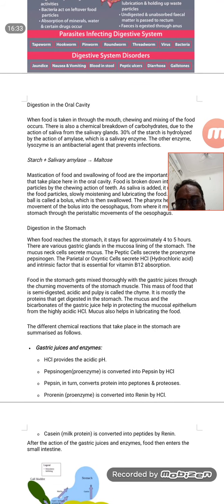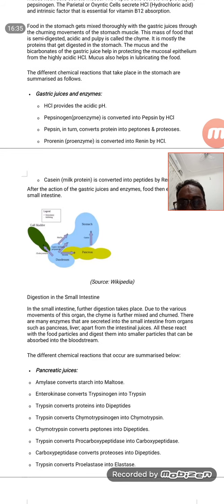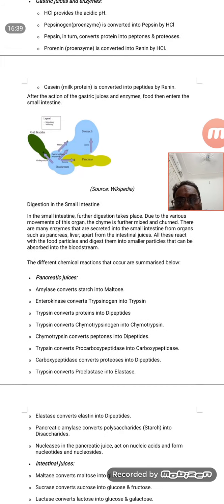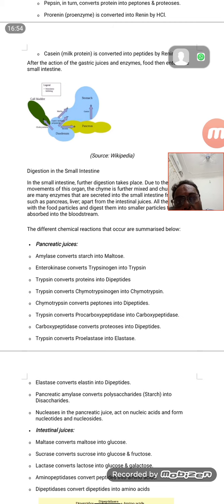And if you see here, gastric juice, pepsinogen, we have discussed this. And if you see the pancreatic juices, there are many. Pancreatic amylase is there, which converts starch into maltose. Enterokinase is there, which can convert trypsinogen into trypsin, and trypsin converts chymotrypsinogen into chymotrypsin, and this chymotrypsin will convert peptones into dipeptides.